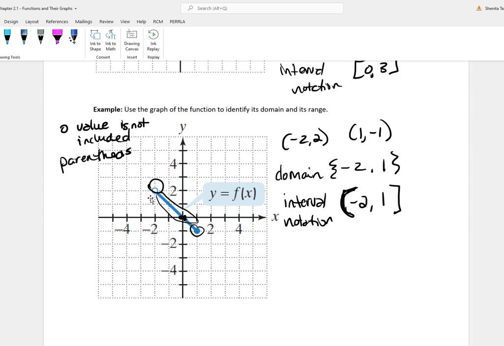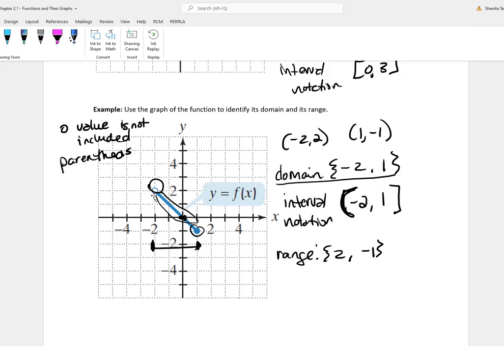So that's why I didn't write out the whole domain in here. Okay? So if you think about it, it goes from, on your x, it goes from here to here, which is from -2 to 1. -2 is not included.